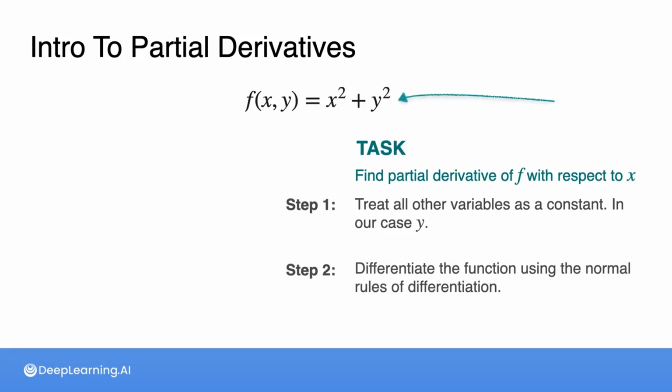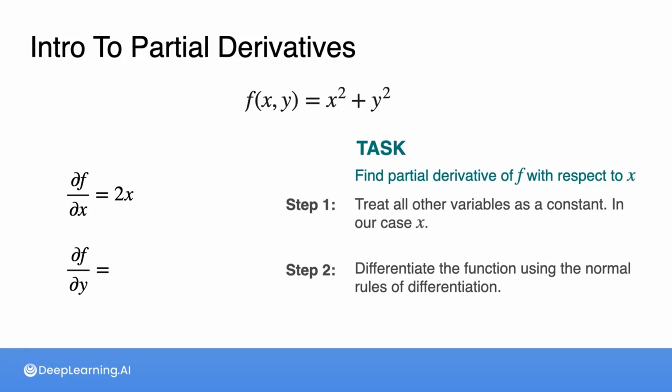So let's start. This y squared over here is a constant, so it might as well be a 1. We can think of this as f of x comma y equals x squared plus 1, because the derivative of 1 is 0, because it's a constant. So ∂f over ∂x is simply 2x, because that's the derivative of x squared.